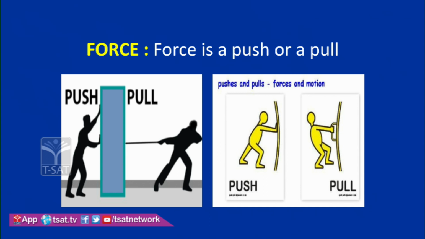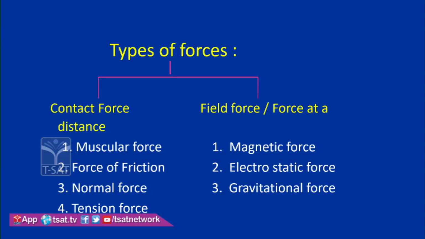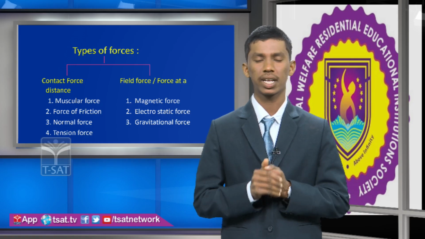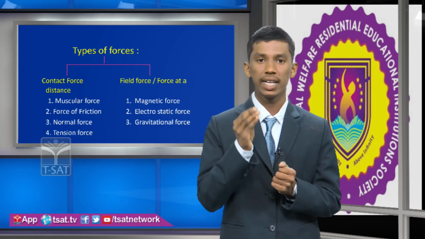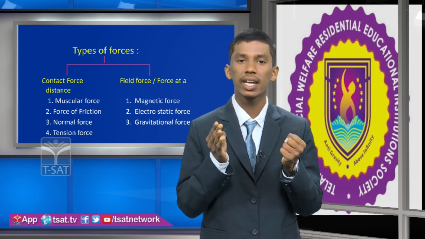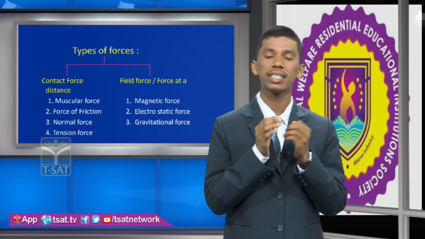In force, again there are two types. They are contact force and field force, or force at a distance. So let me give more information about these two forces. Contact force means when there is direct physical contact between two interacting objects.